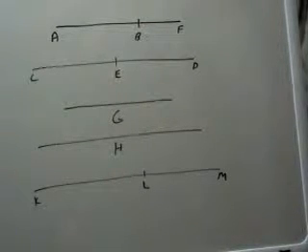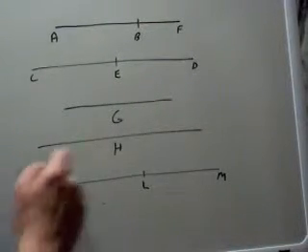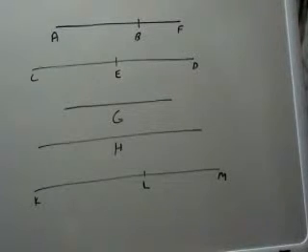For let a rational straight line H be set out. H has been drawn. And to CD let there be applied a rectangle equal to the square on H, and producing KL as the breadth.